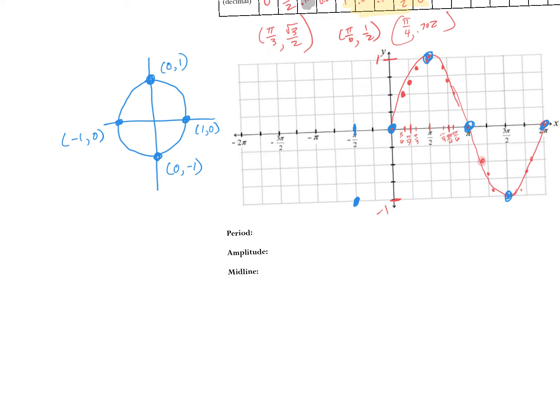And then if I keep going this way, I'm traveling negative, yes? When I get to negative pi, what's my sine? 0. And I go to negative 3 pi over 2, my sine becomes 1. And if I go all the way around to negative 2 pi, my sine becomes 0.